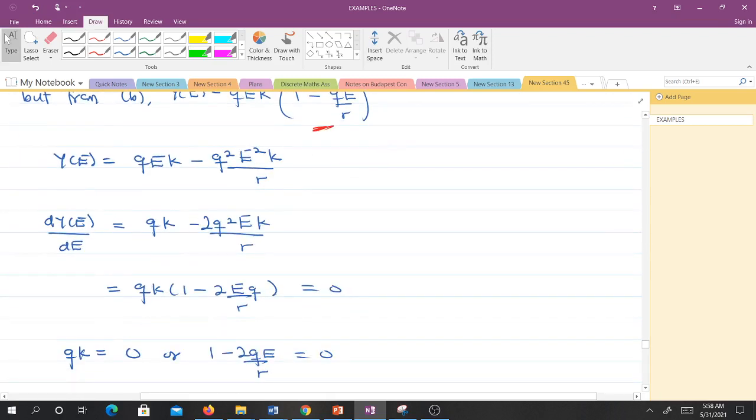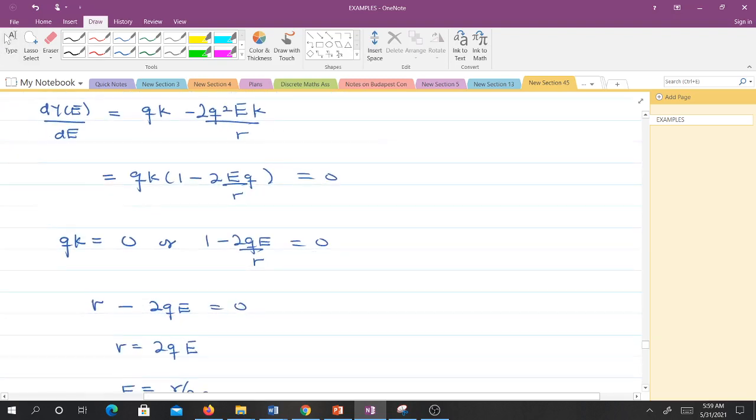So when we find the first derivative of this function with respect to E, we'll get QK minus 2Q squared times E times K over r, right? Then to find a point, we set this equation to 0. So when we set it to 0, we'll get QK will be equal to 0, or the whole of this equals 0. So that's what you can see here.